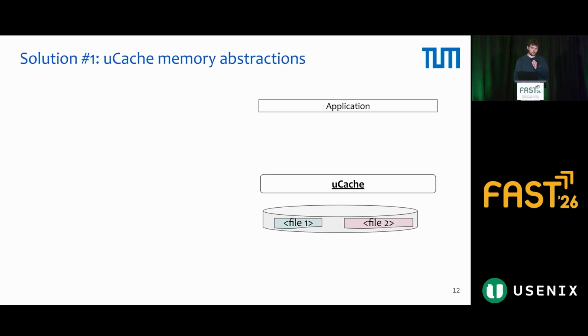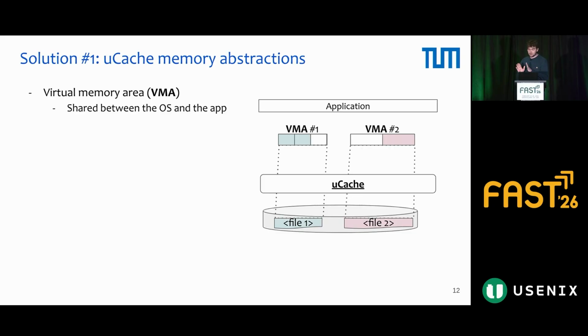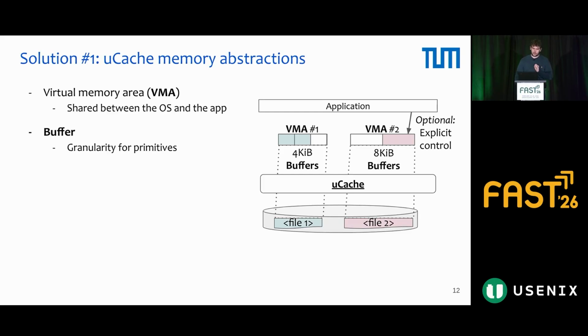To address this challenge, we propose 2 abstractions. The first is the virtual memory area, which represents a cache region. While inspired by VM area struct of Linux, it differs by being shared between the application and the OS. The second is the buffer abstraction, which represents a page or a group of pages in a VMA. The size of the buffer is fixed at the creation of the VMA, and this buffer represents the granularity of cache operation.